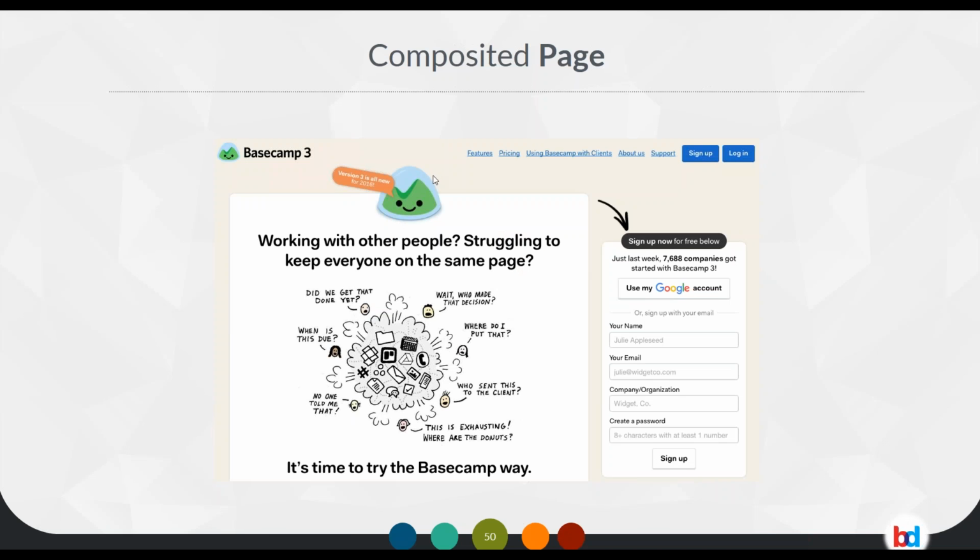The smiley face on the Basecamp image is actually a strong image. People respond to faces, even faces that aren't real. So imagery matters. It matters a lot.